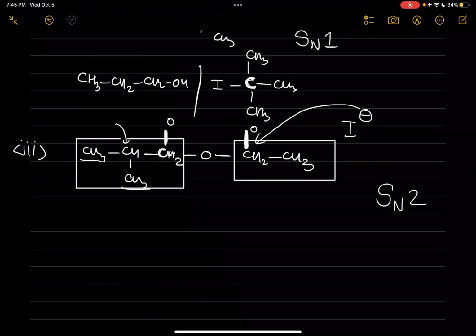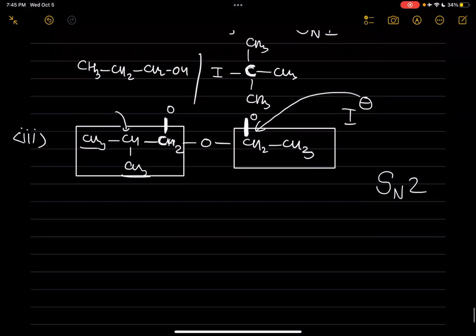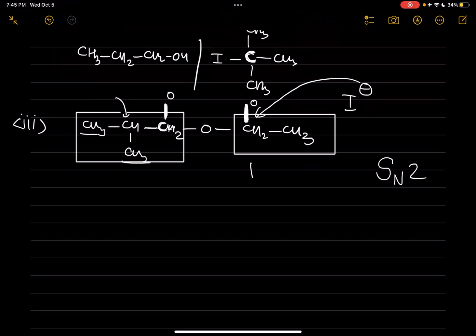But if both the carbons are primary or secondary, and a stable carbocation cannot form, the mechanism will be SN2. Under those circumstances, the I minus will join itself to the carbon atom which is smaller, less bulky, and less crowded. So this one. Clear or not? Yes, sir. Clear.